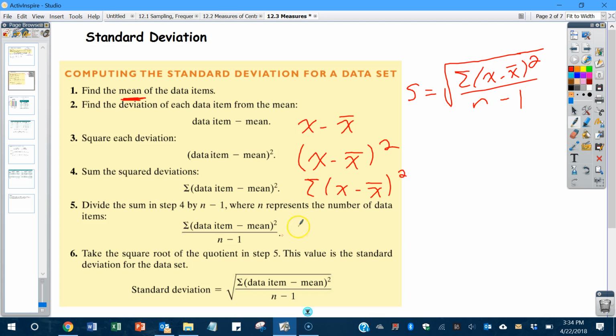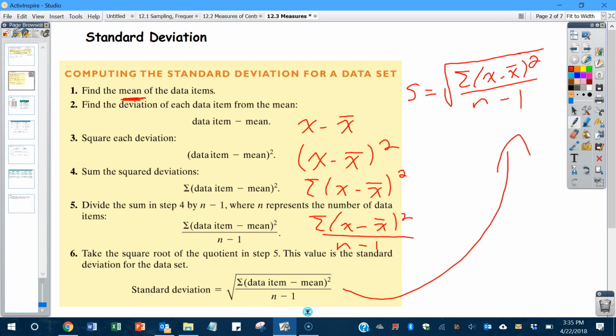You sum all of them, and then you divide the sum by n minus 1. And then you take the square root of all that, and that's this formula up here. So I'm putting this up here for procedure. I know the procedure is not going to make any sense until we see an example. So let's skip ahead to an example, and you can look back in this video at this little blurb if it's helpful. This is in the textbook too.